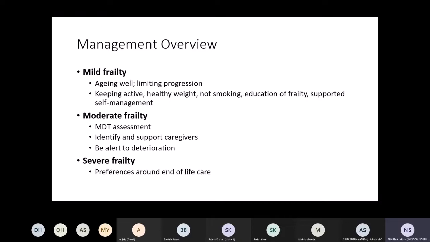So we are tackling the social component, and the patient should be alert to their deterioration and able to ask for help.